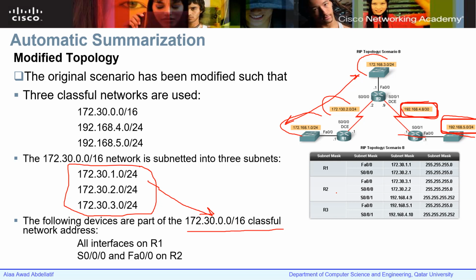In R3 I will put only 172.30.0.0. And when I need to send to any subnet or any IP address under this summarized IP, I will send to R2, and R2 will manage sending to 1, 2 or 3 according to the destination address. So in R3 I will consider only one entry in this case.